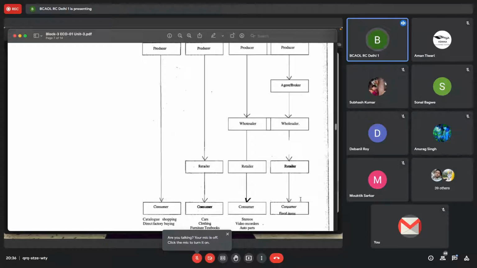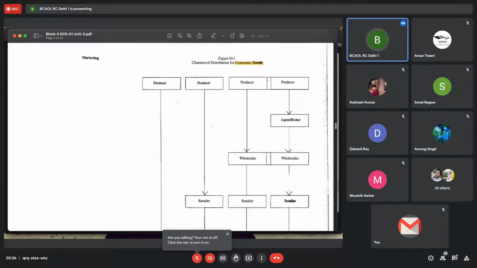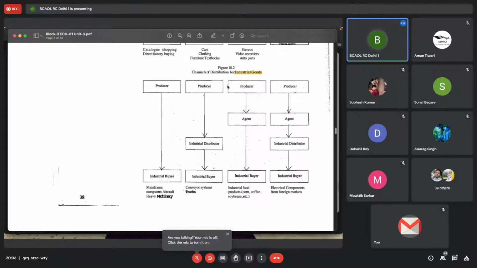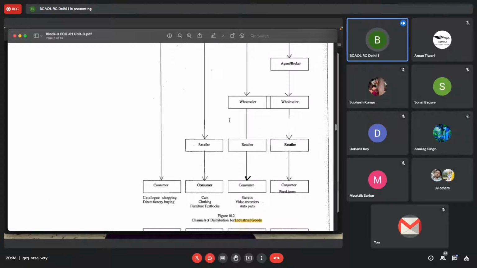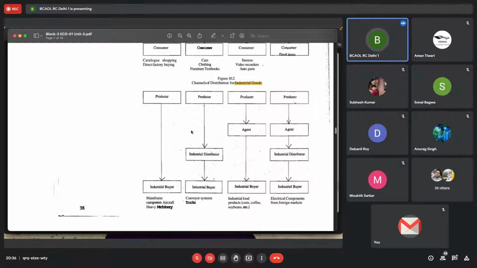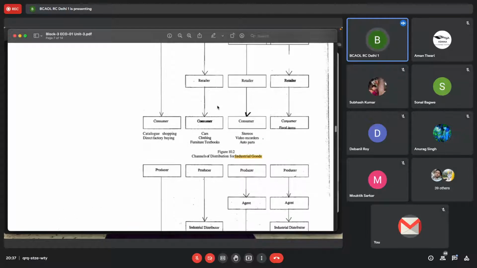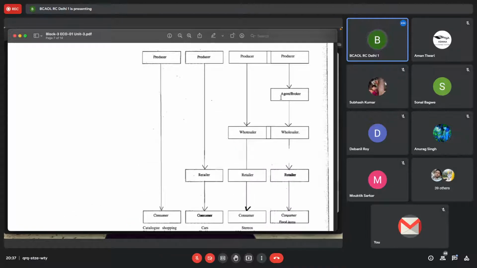Okay, so you have channels for consumer goods, and then you have them for industrial goods. For industrial goods, we don't say wholesaler or retailer, rather we have industrial distributor and we have agent. Generally, if an agent or a broker is involved, they basically bring both parties together so that they negotiate.